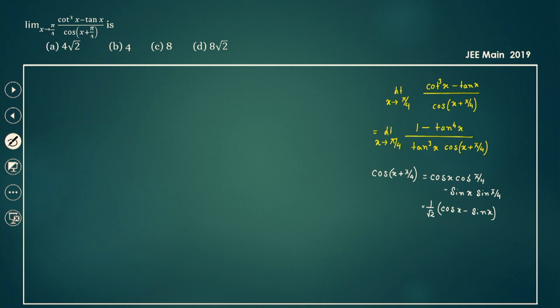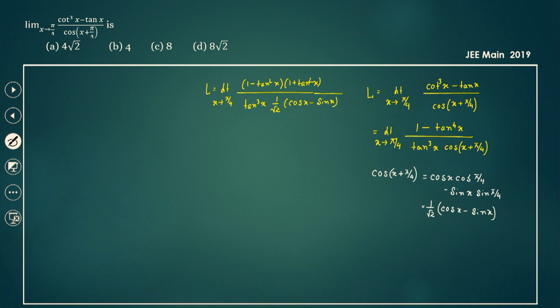That's it, okay. So just directly replace that. Now see that the required limit L became the limit x tends to pi by 4 of 1 minus tan to the power 4 x, which can be written as 1 minus tan square x times 1 plus tan square x, divided by tan cube x, and cos of x plus pi by 4 can be written as 1 by root 2 into cos x minus sin x.